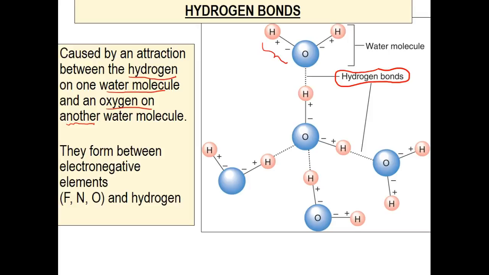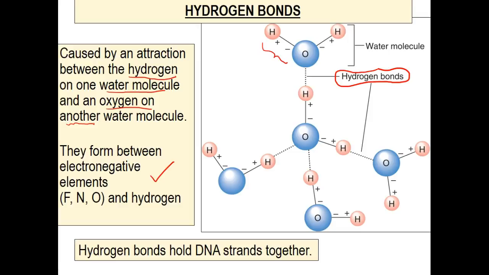Hydrogen bonds are going to form between any of the electronegative elements and hydrogen. For example, they hold the DNA strands together. And so in the bases that make up DNA, it's usually hydrogen bonding to nitrogen.